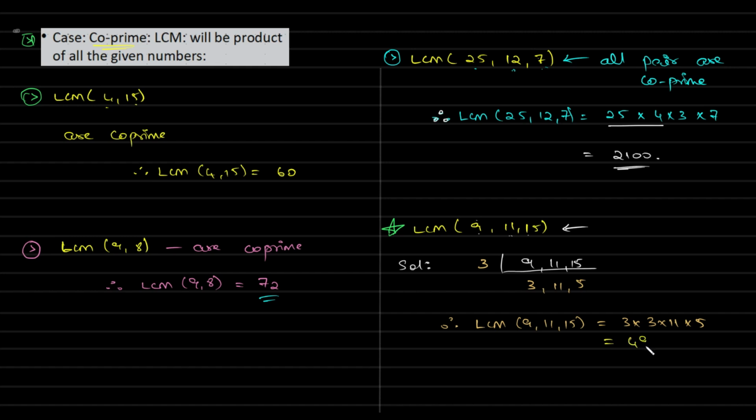To do 11 into 45, you can do it as 10 plus 1 into 45. It's quite simple. 450 plus 45 is 495. And that's how we can multiply something fast.